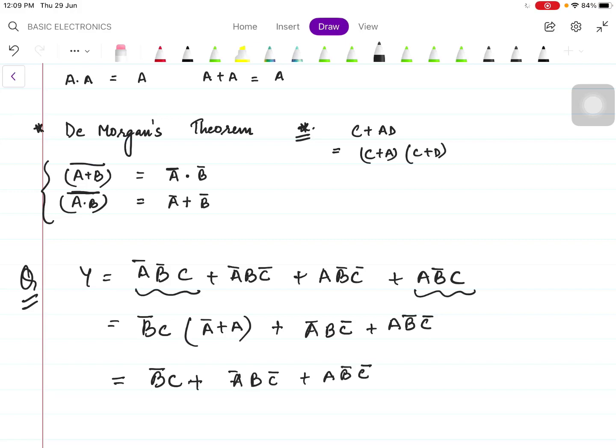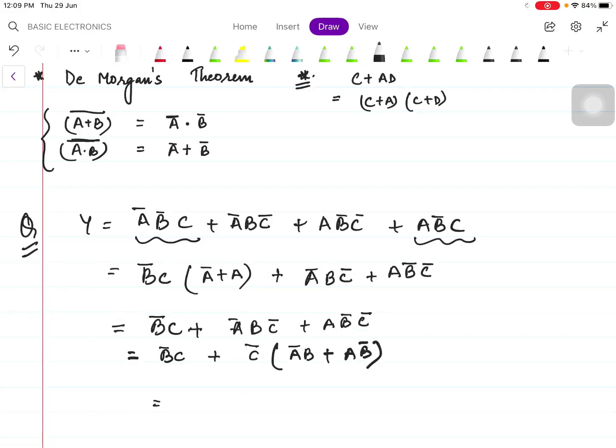Now b bar c plus, I am taking c bar common from here, a bar b plus a b bar, which is of no use. So the expression over here will be b bar c plus b bar c plus a bar b c bar plus a b bar c bar.